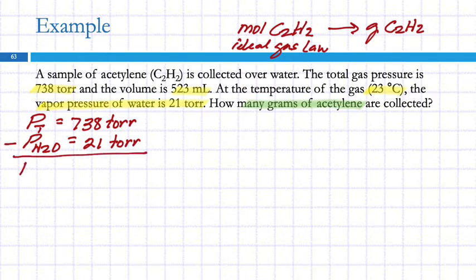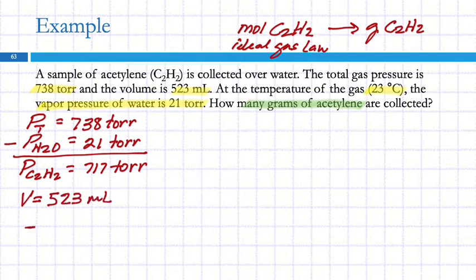So if we want the partial pressure of the acetylene, we're just going to subtract. 717 torr. Got a volume. And a temperature.